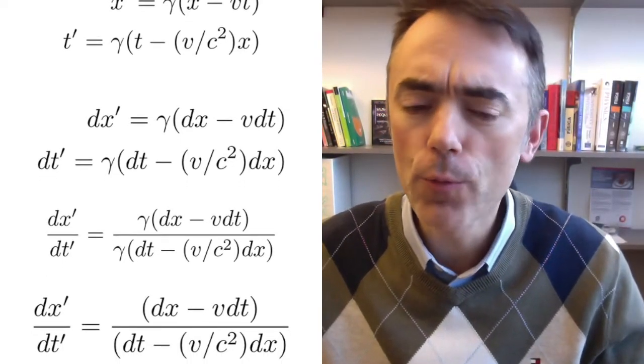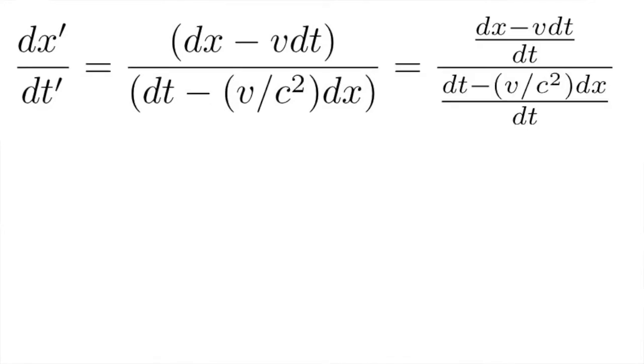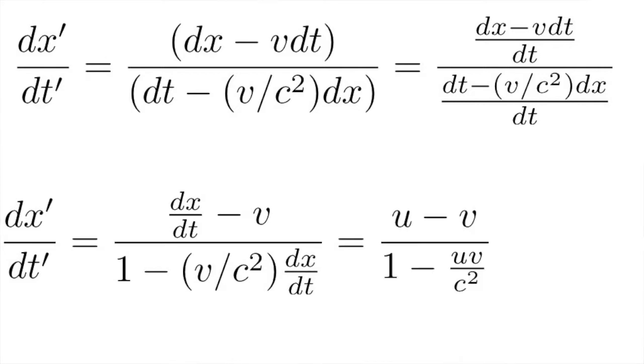If we divide everything by dt, then on the right-hand side we get dx over dt, which is just u, minus the velocity of the train, divided by 1 minus v over c squared times dx over dt, which is u. So we write this, and that's the transformation of velocities.